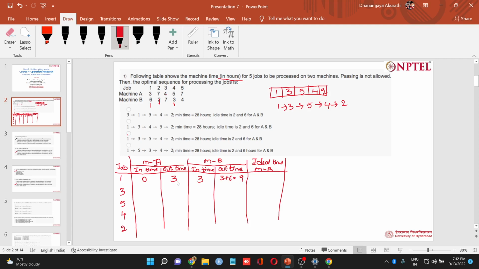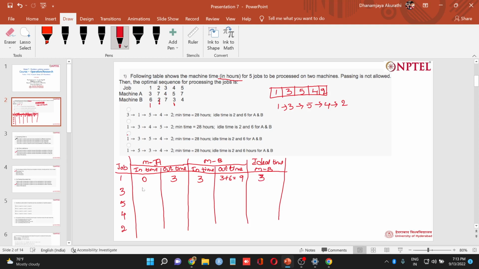The idle time for mission B for doing job 1: mission B enters at 3 hours, which means up to 3 hours mission B is in idle state. So mission B is idle for 3 hours.